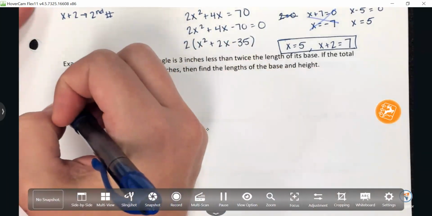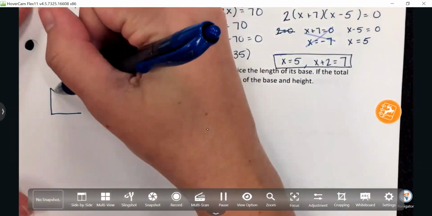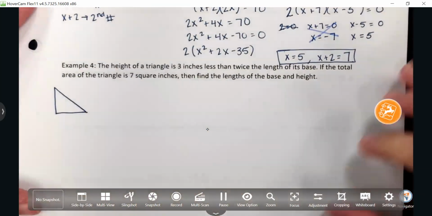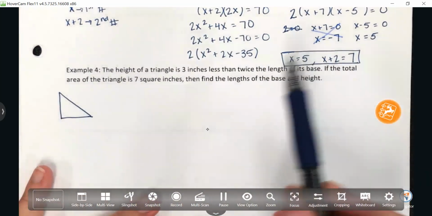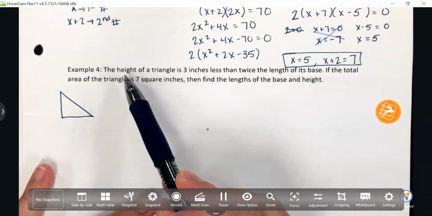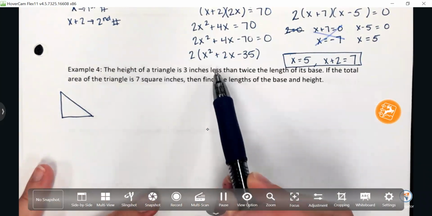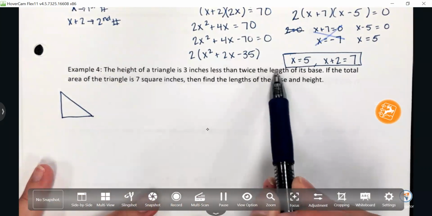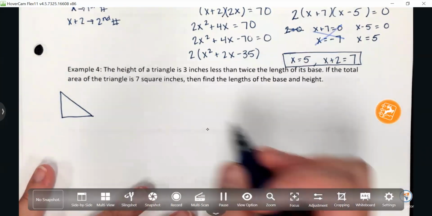Anytime it gives you a shape, I would draw it because it just makes it easier. Okay. So I have my triangle. It says the height of a triangle is 3 less than twice the base. Do I know what the base is? No, so I put a letter.